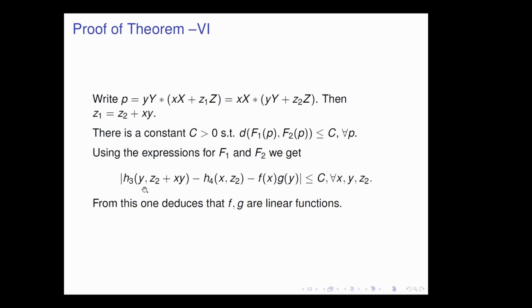So this inequality is similar to that equality. So h3 is in place of z1, h4 is in place of z2, and f(x) is in place of x, g(y) is in place of y. So this equality becomes this inequality. This is true for any x, y, and z2.